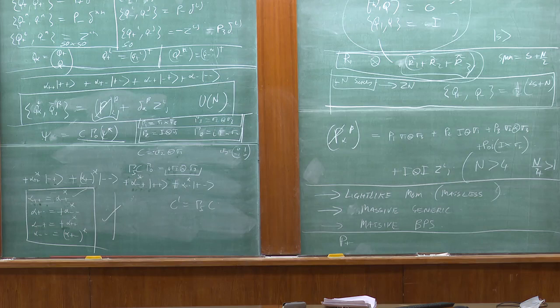So n by 2 can be allowed to be equal to at most 4. Is this clear? Please stop me if it's not clear. Therefore n can be at most 8, but the total number of supersymmetries was 4n. So the total number of supersymmetries then can be at most 32.